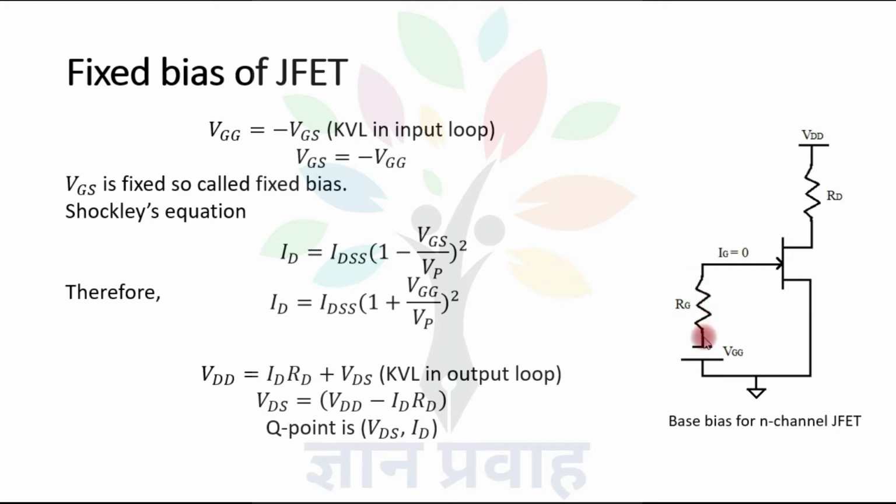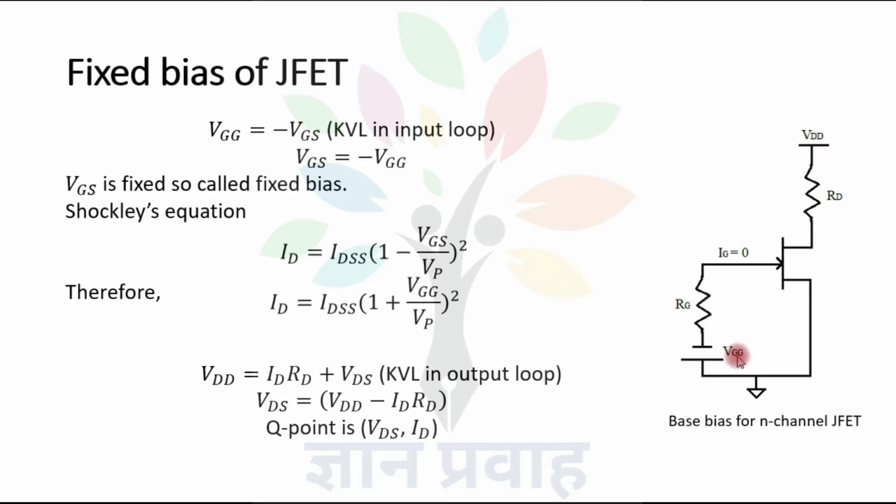So the purpose of studying different DC biasing circuits is to calculate the Q point, and the Q point of FET is fixed at VDS and ID. For finding the values of VDS and ID, we are applying Kirchhoff's voltage law in the input and output loops. So here we are applying the KVL equation in the input loop.